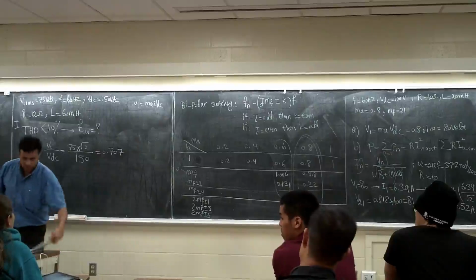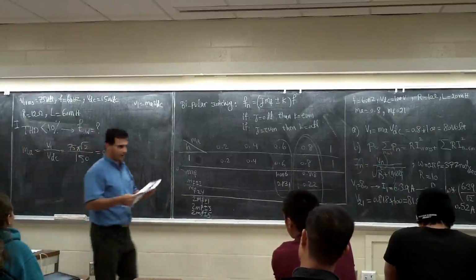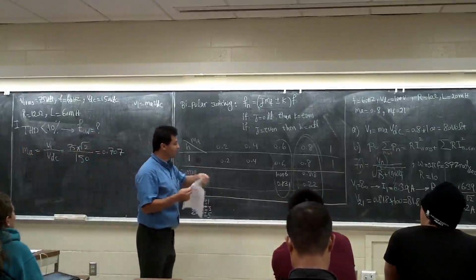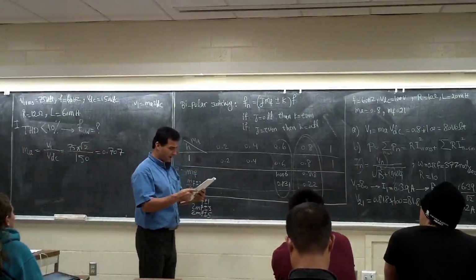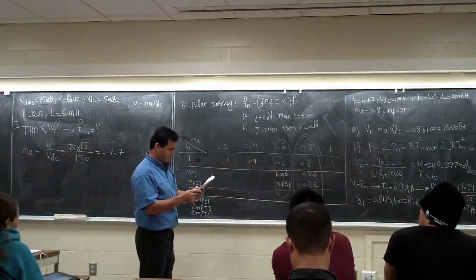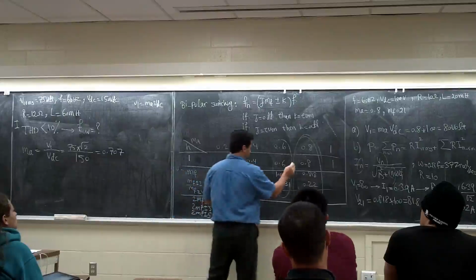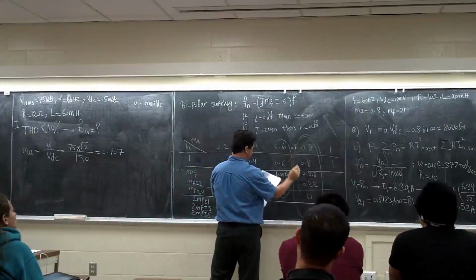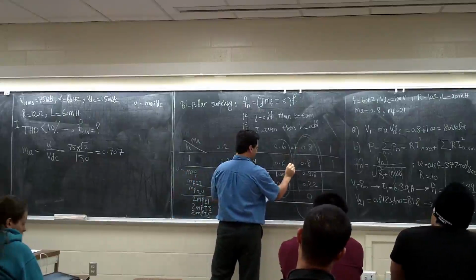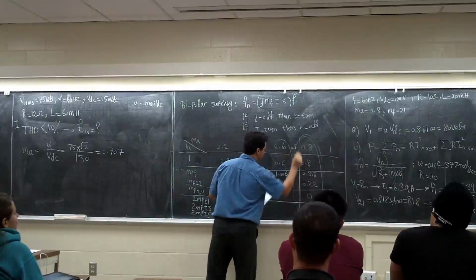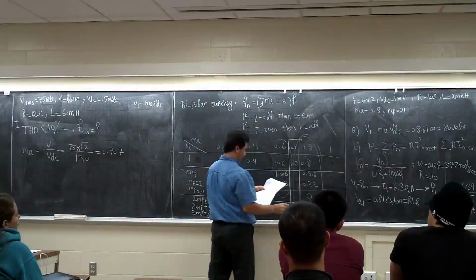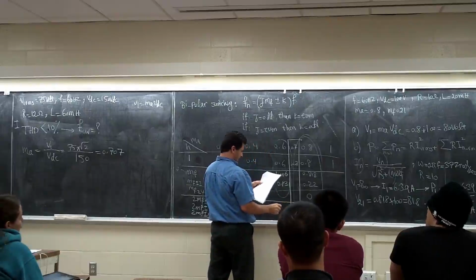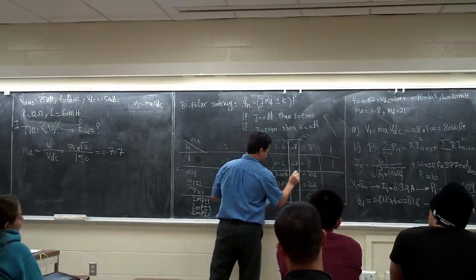If I cheat and use this book, which has numbers, they're going to be a little bit different from this one because this is more accurate. If you put the 4.7 here, you're going to see this number, 0.7, and this is 0.92.